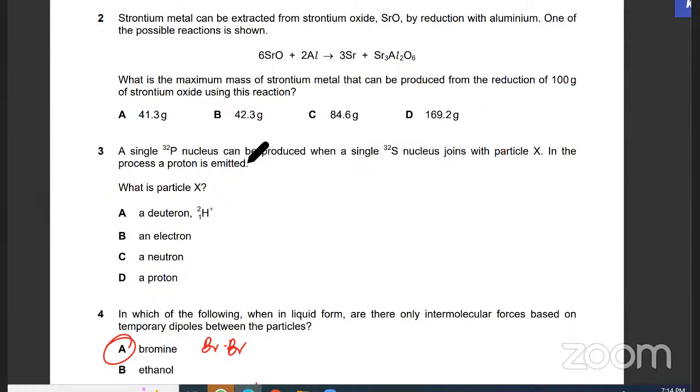So S32 joins with X, and a P32 nucleus can be produced, and a proton is emitted. So the question is, what is X?